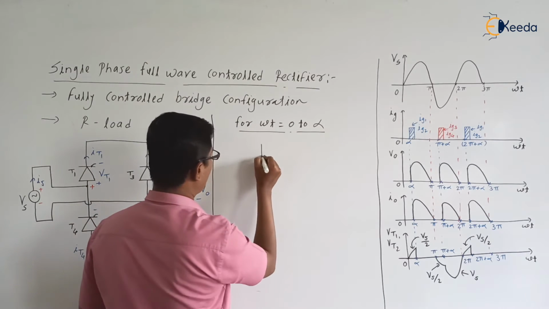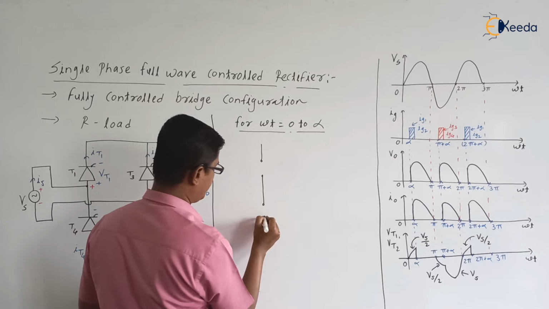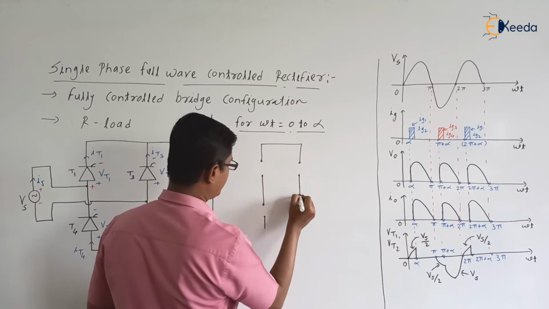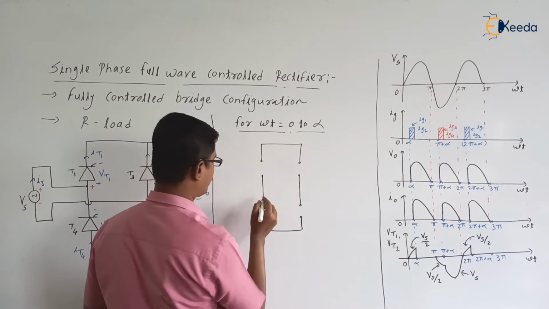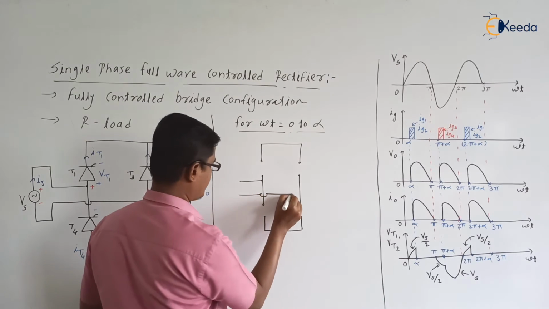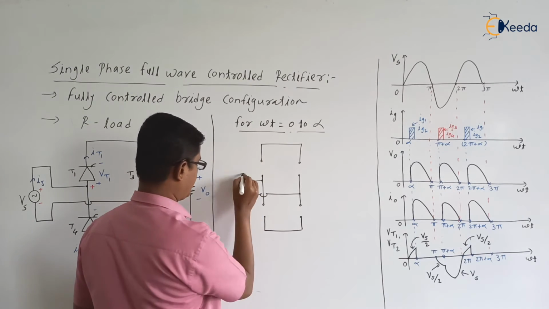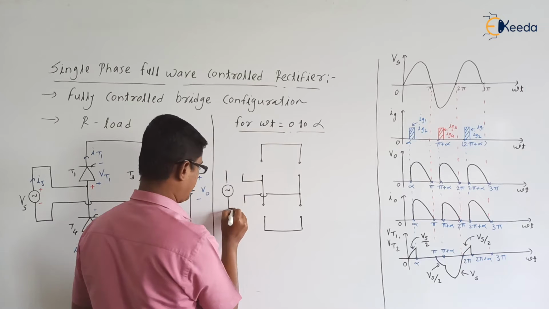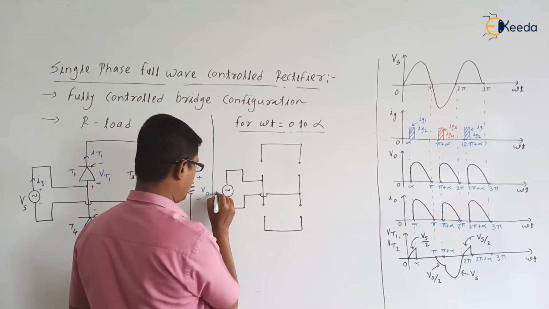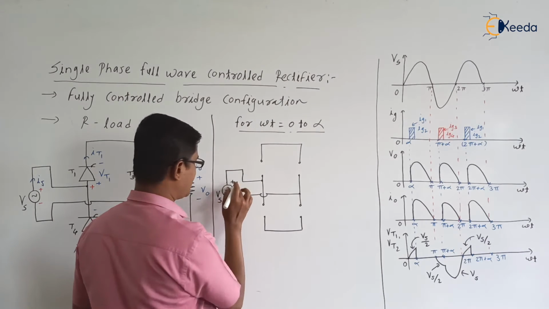Yes, we can draw it as, right? Supply voltage Vs, it is positive, means plus here, minus here.